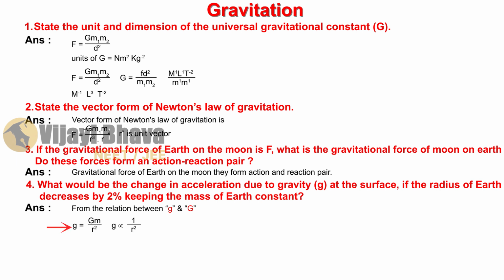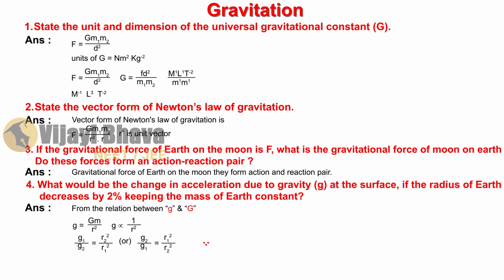Thus we can write g1 by g2 is equal to r2 square by r1 square, or you can reverse g and r on either side and write g2 by g1 is equal to r1 square by r2 square.